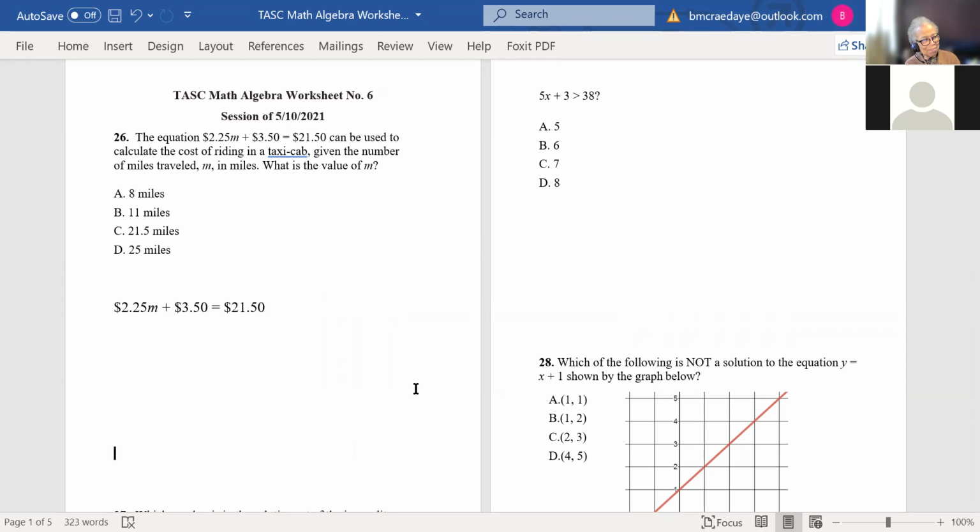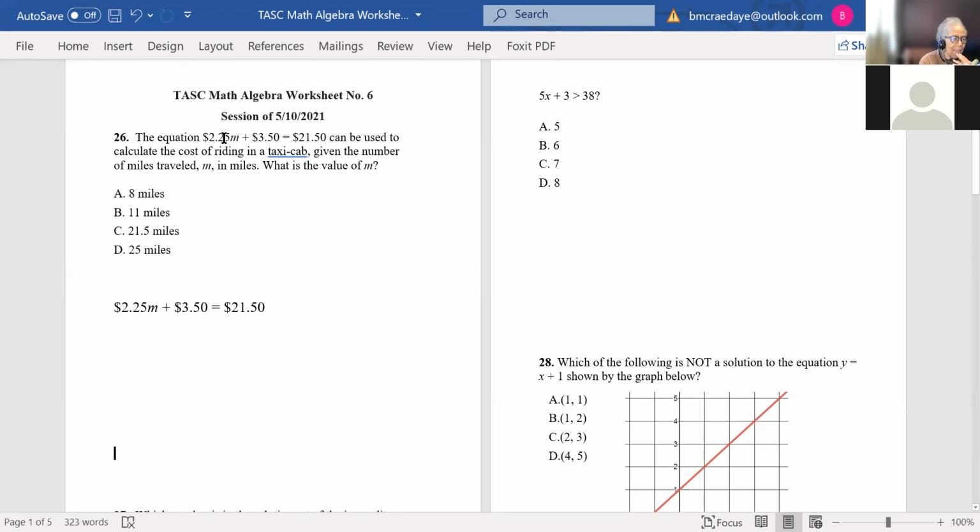It can be used to calculate the cost of riding the taxi, given the number of miles traveled, m, in miles. What is m? Notice that 3.50 is like a flat fee you're going to pay. And then for every mile you travel, you're going to pay 2.25 per mile.